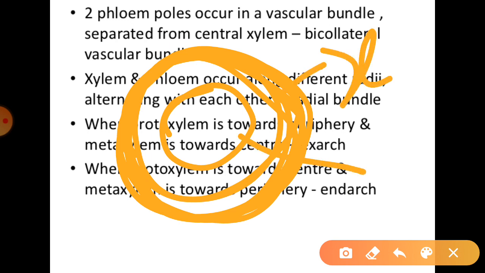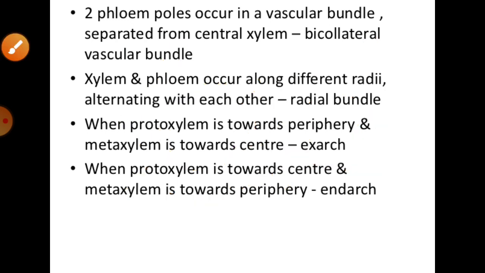This is xylem and this is the phloem. In that condition we can say they are also amphivasal type of vascular bundles.